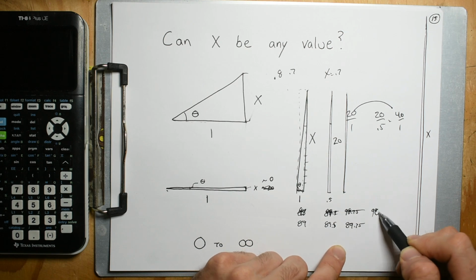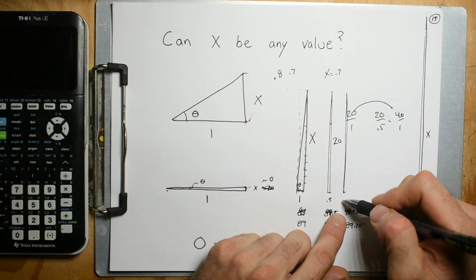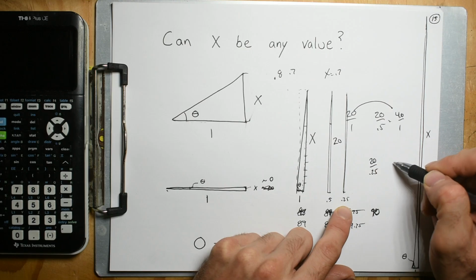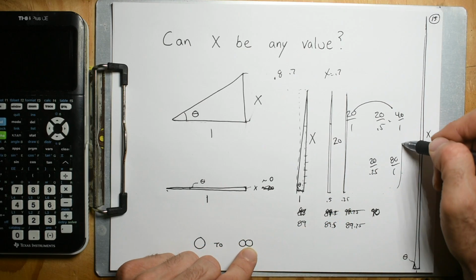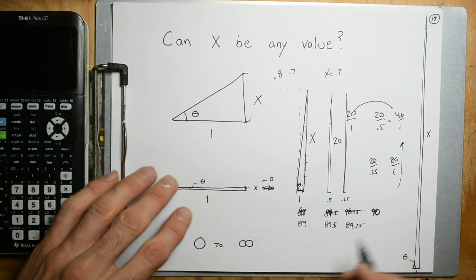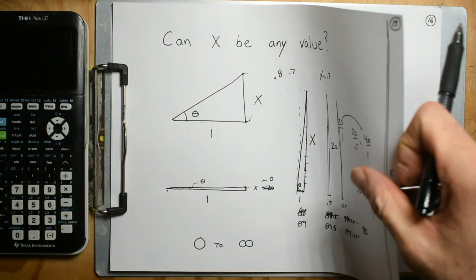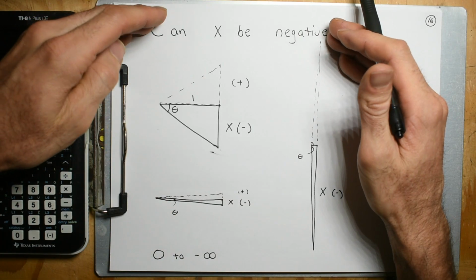So we're approaching 90 degrees. And every time that we half that angle, this becomes 0.25, so we have 20 divided by 0.25, which would be 80 divided by 1. And this can go to infinity. You know what I mean? So x can be 0 to infinity. It's good to explore that. Now, can x be negative? Well, we drew the triangles this way.